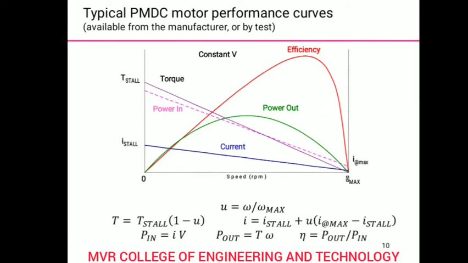Here you can see the typical PMDC motor performance curves. These are not in our syllabus, we are just learning about the PMDC motor performance curve. You can see here torque, current and power out. This entire topic is related to the applications of the PMDC motor. We have to write and explain the applications where we will use this PMDC motor.